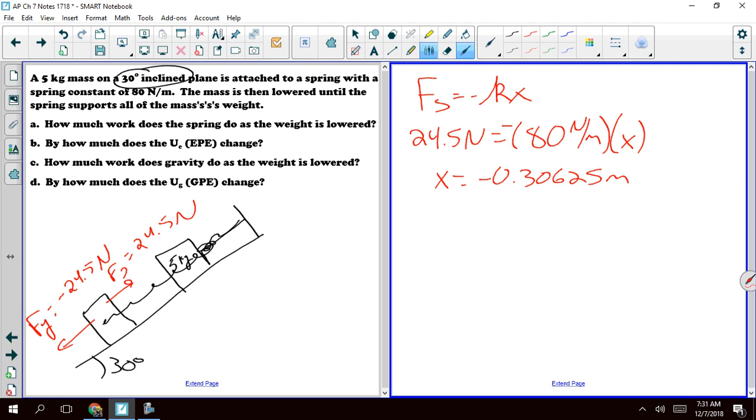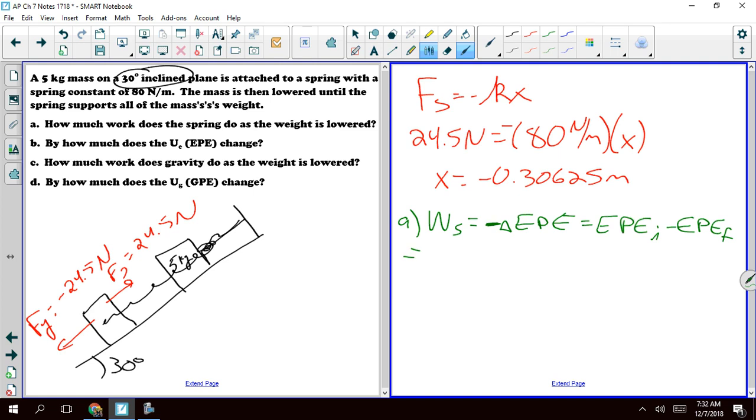So A, how much work does the spring do? Well, the work done by the spring is equal to the opposite of the change in elastic potential energy, which would be EPE initial minus EPE final, right? That takes care of this negative sign here.